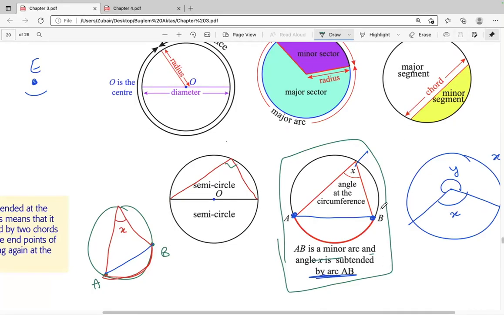So when we are talking about CAB, whenever we have three letters, it is either the angle or the arc. Like if I write X here and I say AXB, AXB is basically the arc, which is very clear because I've labeled it. And when I talk about ADB, I will have to tell if it is ADB arc or ADB angle.